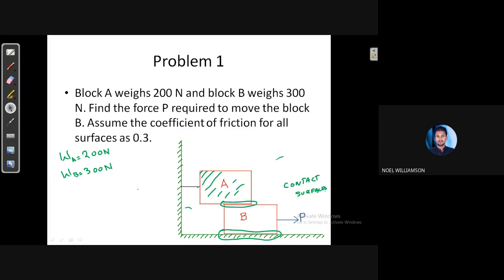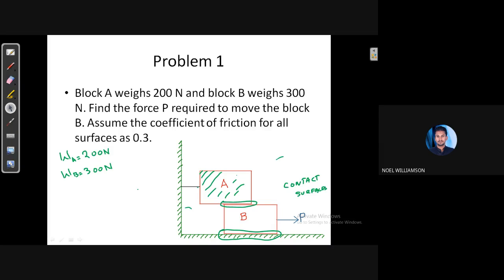So wherever you have a contact surface, there will absolutely be a friction acting on that surface, and the friction will be in the opposite direction of the motion. Not exactly motion, just the tendency to move. The frictional force will be in the direction opposite to the direction in which the body tends to move.